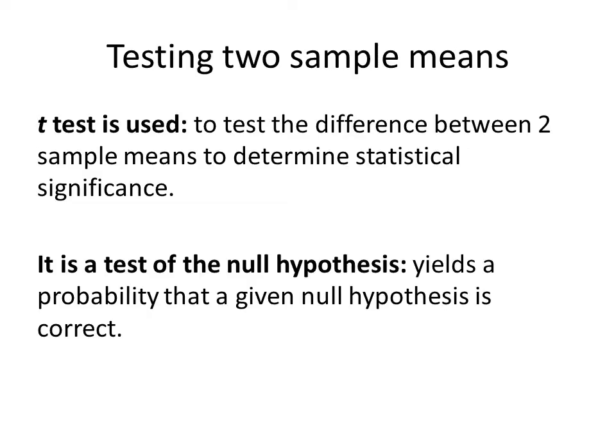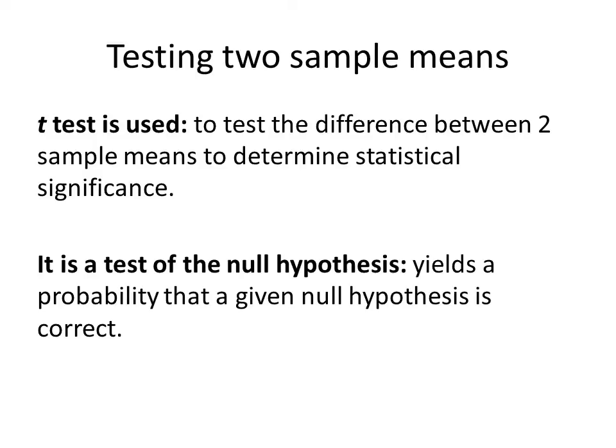Now, his test was actually developed for the situation described in example 1. What we're trying to do is test the difference between two sample means to determine statistical significance.